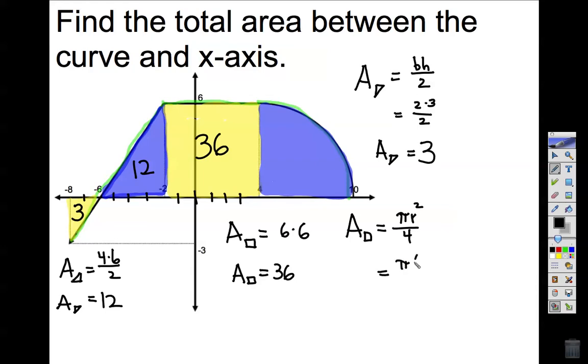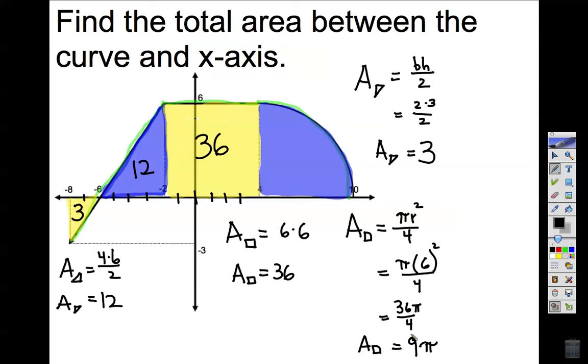Pi times the radius, which is 6 units long, squared, divided by 4. We have 36 pi over 4, and that area is equal to 9 pi, since 36 divided by 4 is 9.